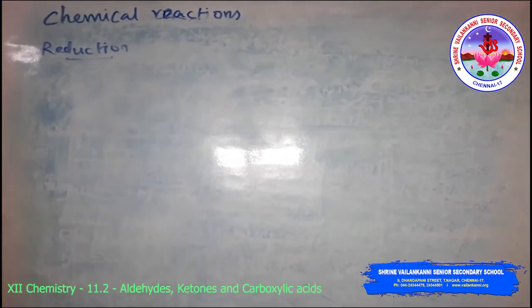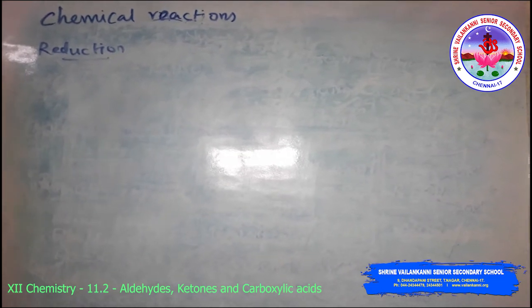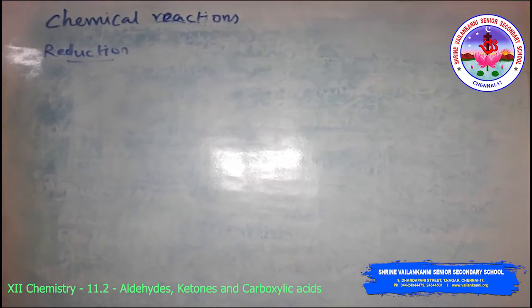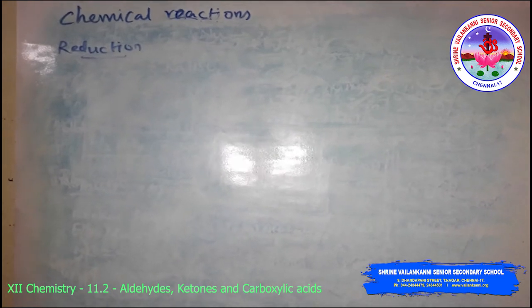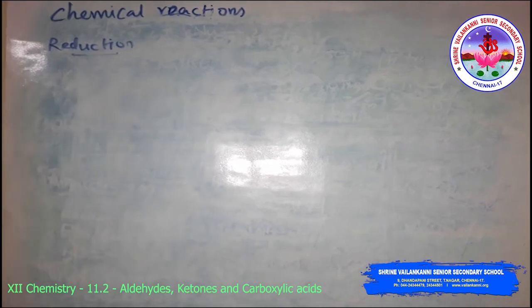Reduction reaction. Reduction to alcohol we already studied in the previous lesson on alcohol, phenol and ether. Then reduction to hydrocarbon, which involves very important name reactions, the Clemmensen reduction and the Wolff-Kishner reduction.